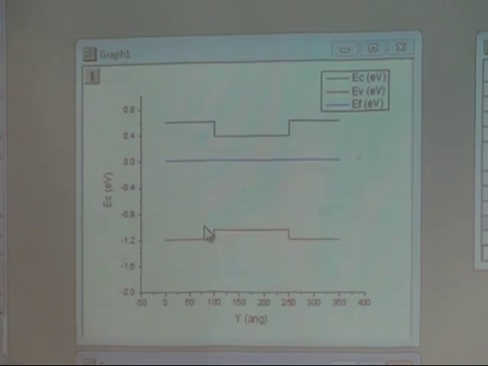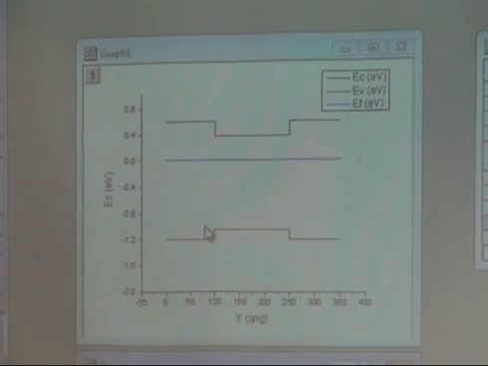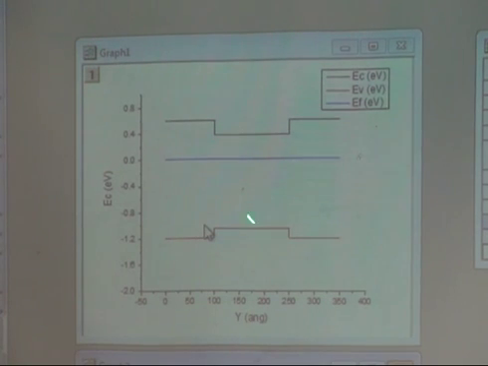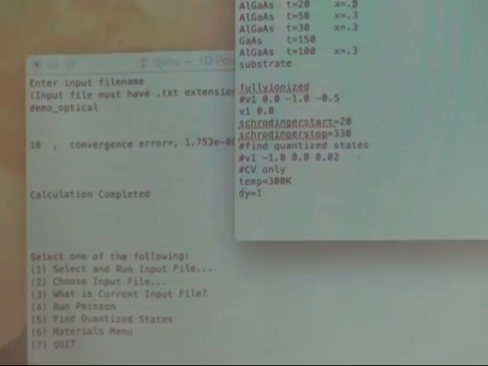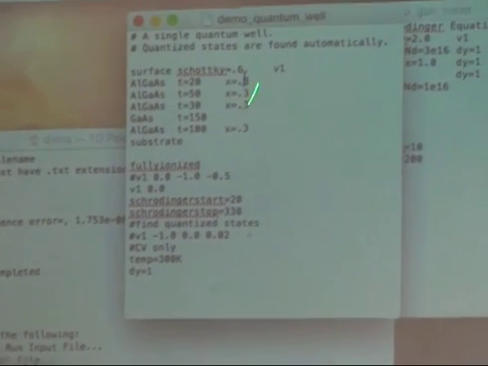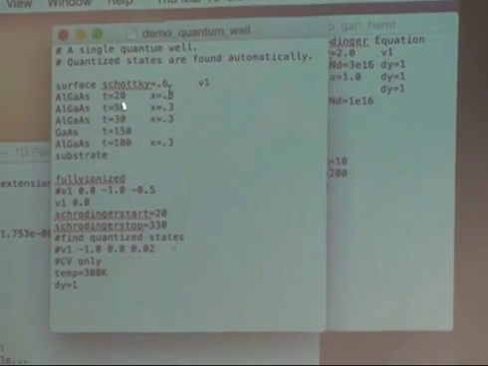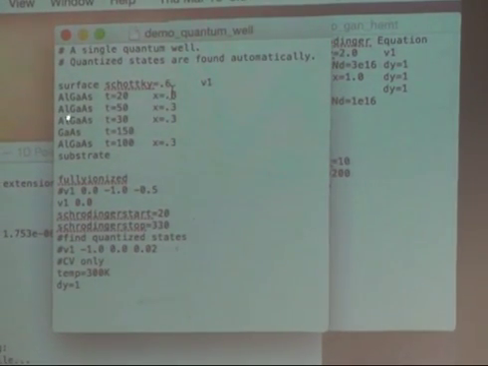It's all available. But what I want to show now is basically this is a gallium arsenide layer of 15 nanometer, right? 100 to 250 angstrom. So that's 15 nanometer. And then you have aluminum gallium arsenide, 30%, right? So you see 0.3 here, which means 30% is aluminum. And this is a total of 100 nanometer, but I've broken it up now into 3 layers.